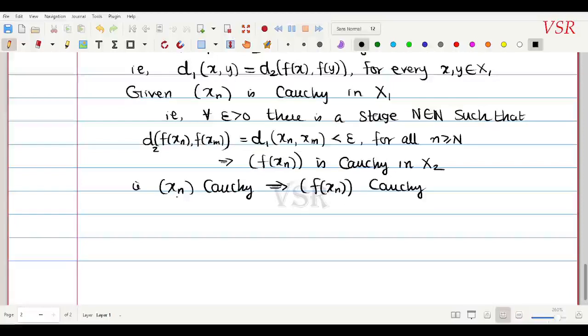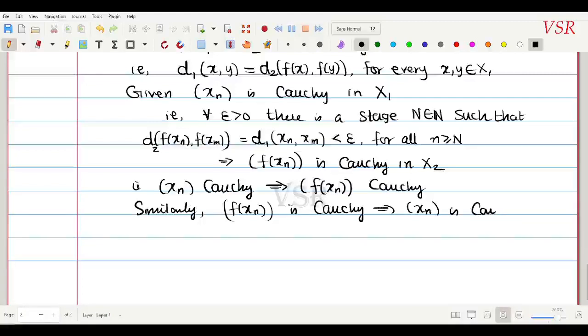Okay, so similarly we can have f of xn is Cauchy implies xn is Cauchy. இதை நீங்க ப்ரூவ் பண்ணுங்க. ஓகேங்களா?